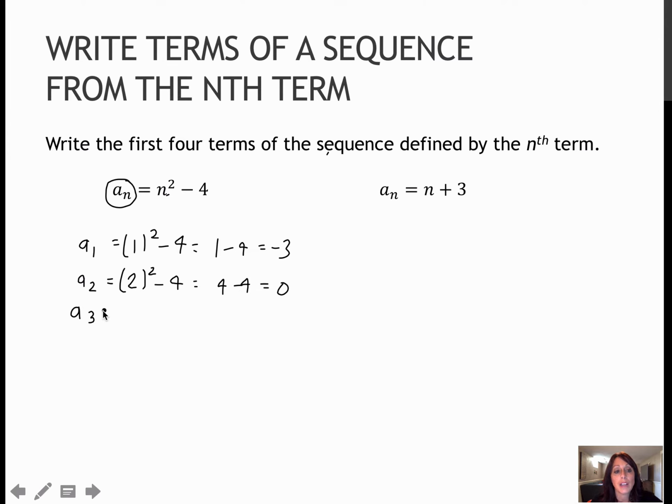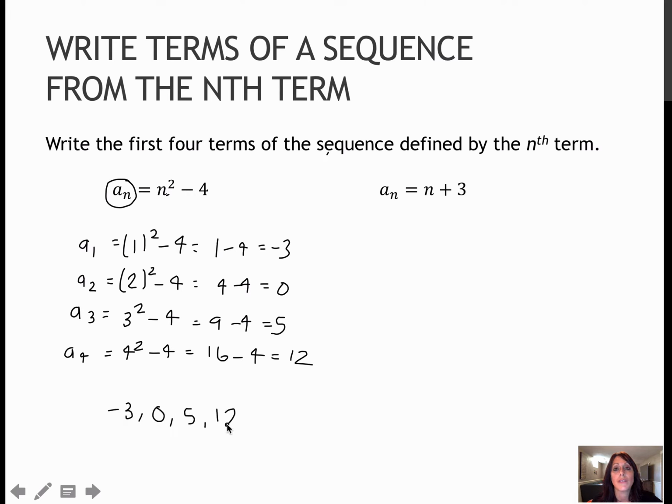A sub 3 would be 3 squared minus 4, which is 9 minus 4, which is 5. And then a sub 4 is 4 squared minus 4, or 16 minus 4, which of course is equal to 12. So the first four terms of the sequence would be negative 3, 0, 5, and 12.